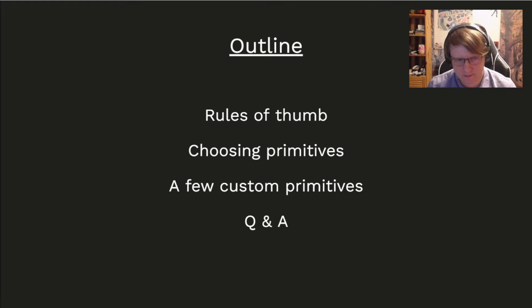Then choosing primitives is about how to select what to do with the concurrency primitives that Go provides. And finally, we'll take a look at how to implement custom primitives. Later we'll do Q&A, and if somebody has questions outside of the Twitch stream, we can go over those as well.